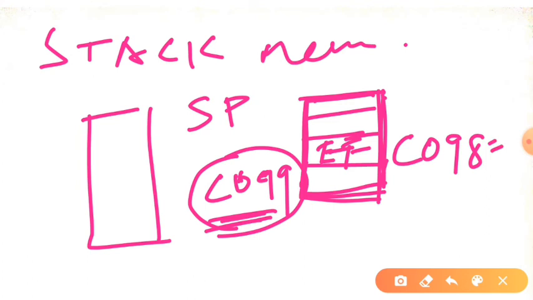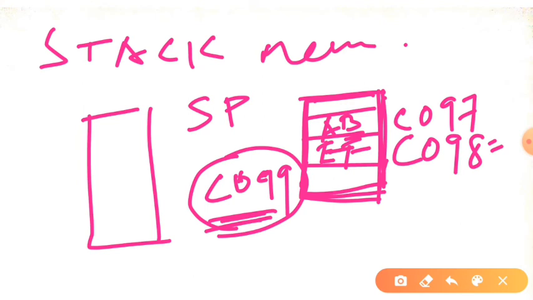Decrementing it, we will get C097. Now store the value you want in this memory location. Suppose we are storing AB in this particular memory cell of the stack memory. So this is the process of how to store something in the stack.